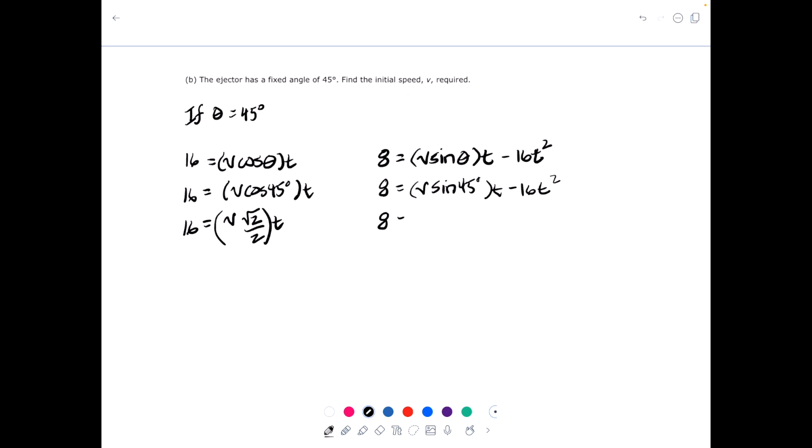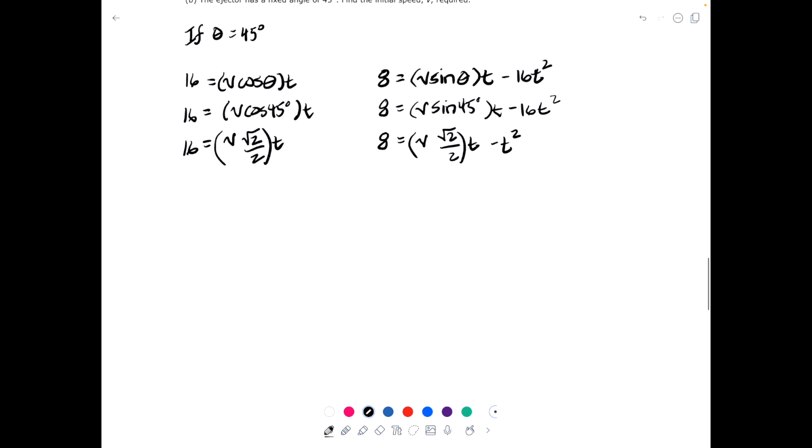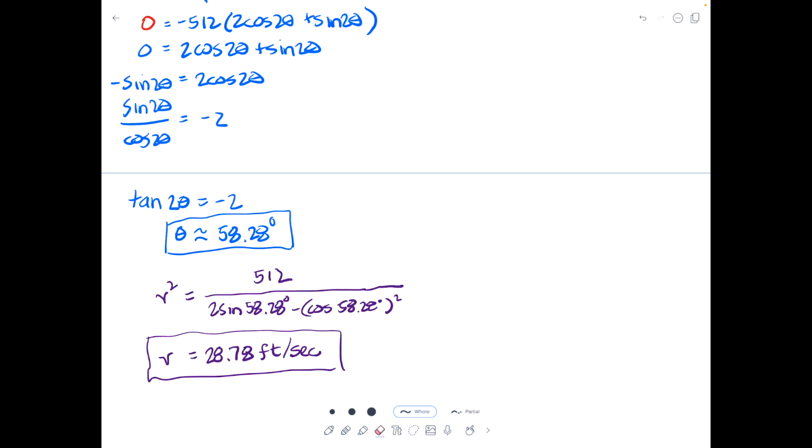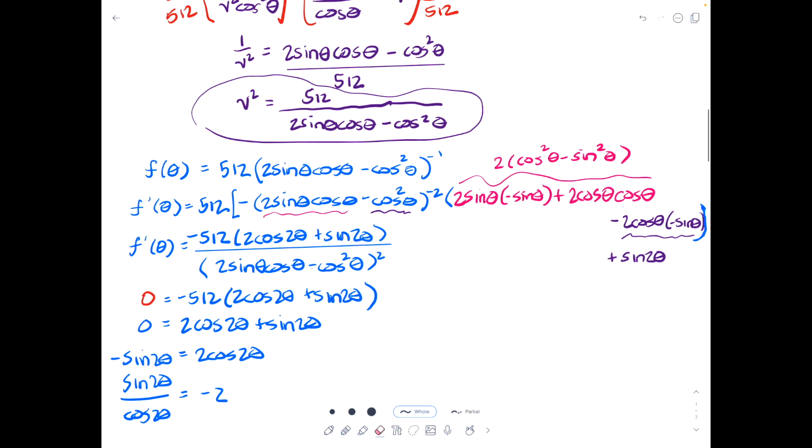So we would get 8 is equal to v times root 2 over 2 times t minus 16 t squared. We know that from our first part, we'll take advantage of the work in that first part. We're going to use this general equation here, the circled one, v squared is 512 over all that.